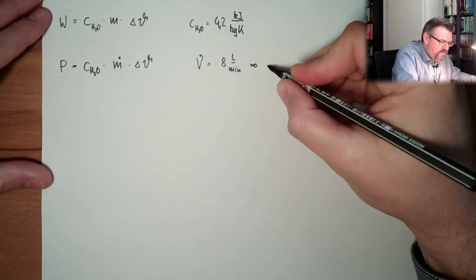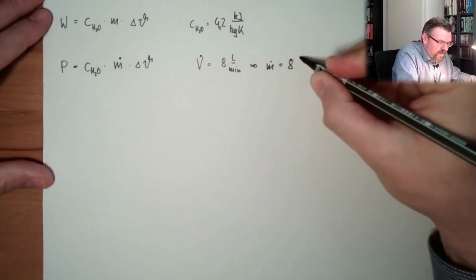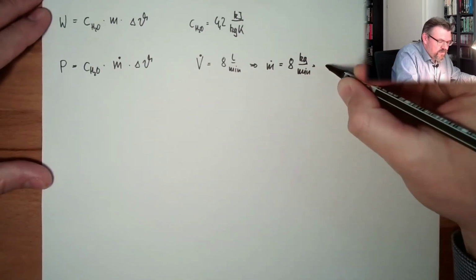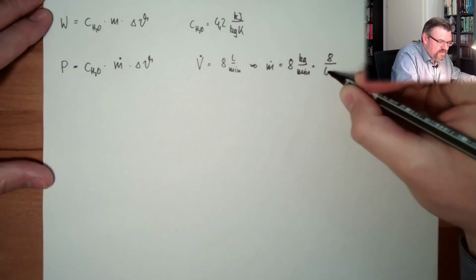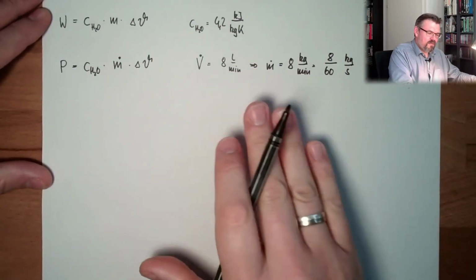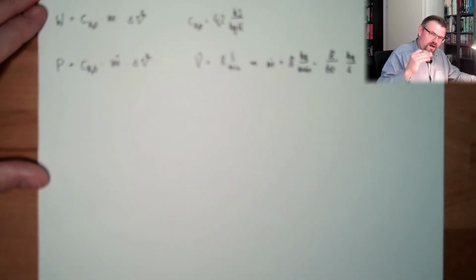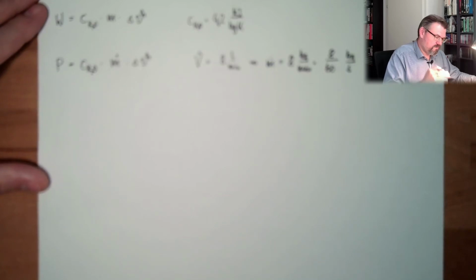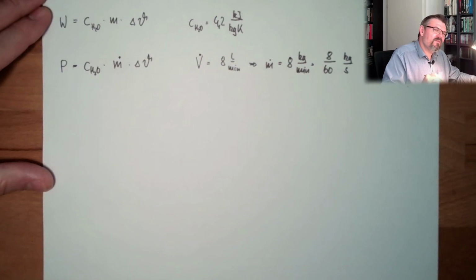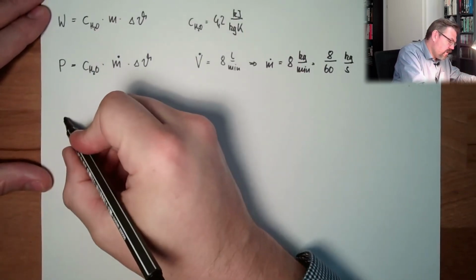So we have around 8 kilos per minute. So this is 8 divided by 60 kilos per second. This is our flow, mass flow. This we know. So let's calculate how much temperature raise we can expect from this device.